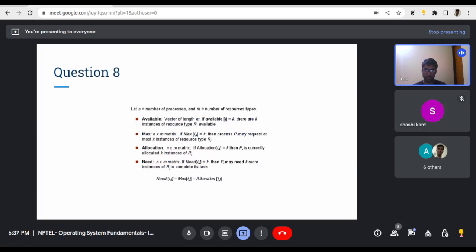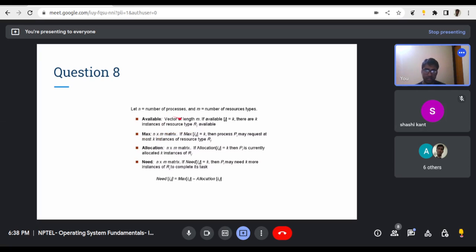Okay, so let's study a theory related to this. Available is a vector of length m, and if available j equals k, it signifies that there are k instances of resource type Rj available. Max is an n cross m matrix.